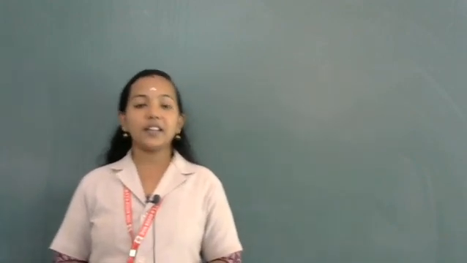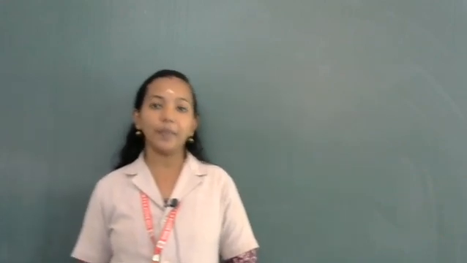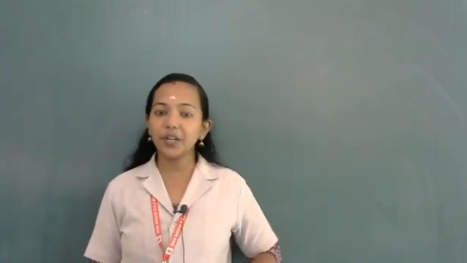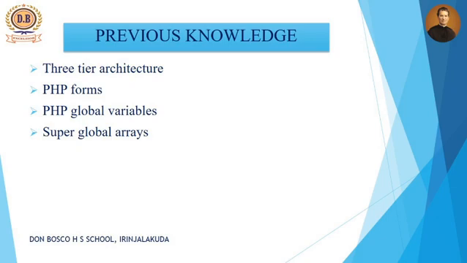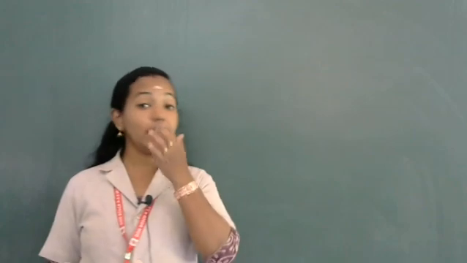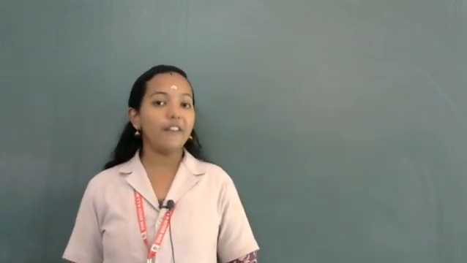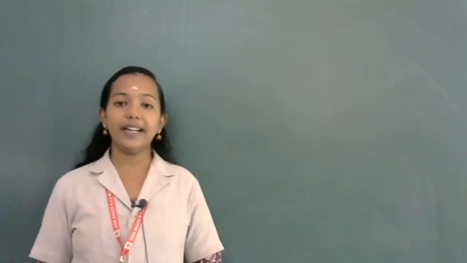So we are discussing our chapter server side scripting using PHP. In the previous video we discussed the 3-tier architecture of PHP, PHP forms, then PHP global variables and PHP super global arrays. 3-tier architecture of PHP is an important aspect. 3 tiers: tier 1 client or browser, tier 2 web server, tier 3 database.